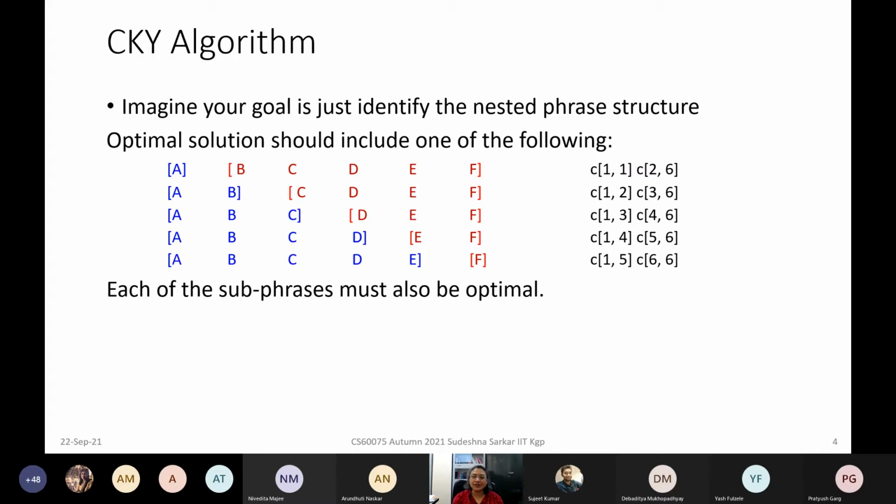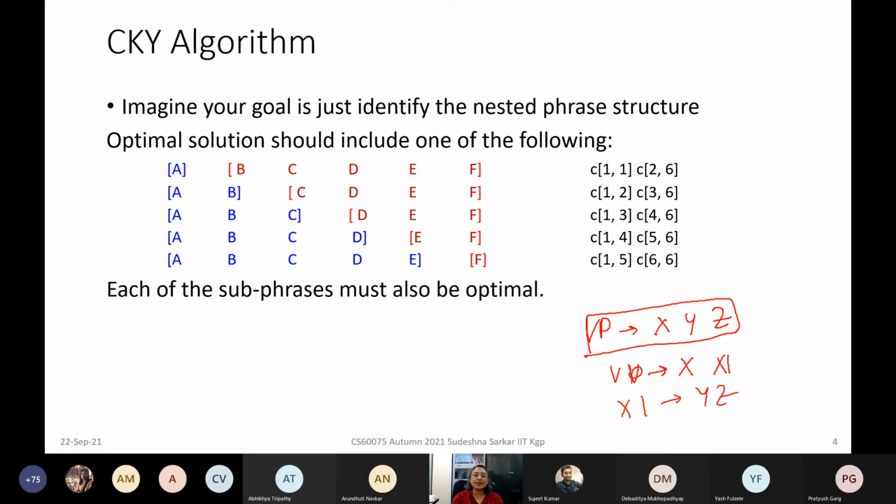We'll not get into the details, but suppose you have a rule saying that VP goes to X, Y, Z. Now, you can rewrite this as VP goes to X, X1, and X1 goes to YZ.